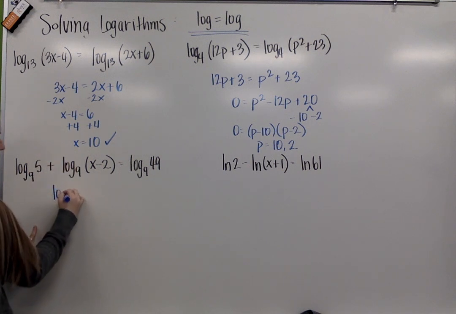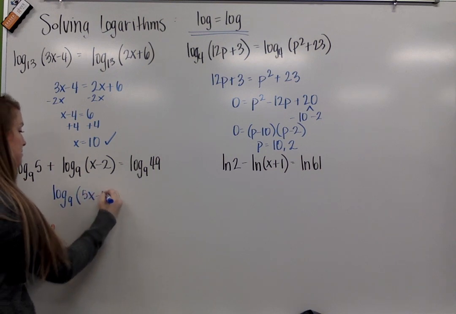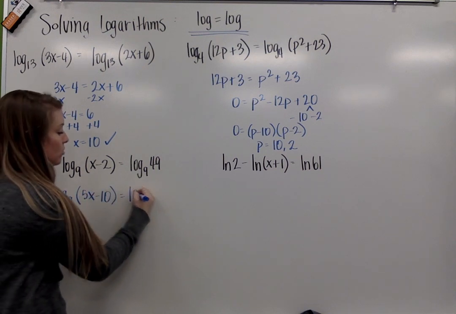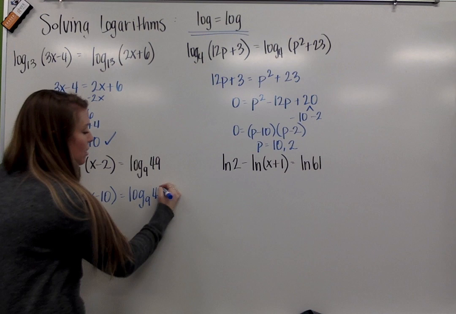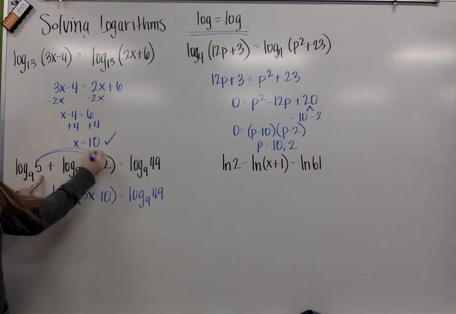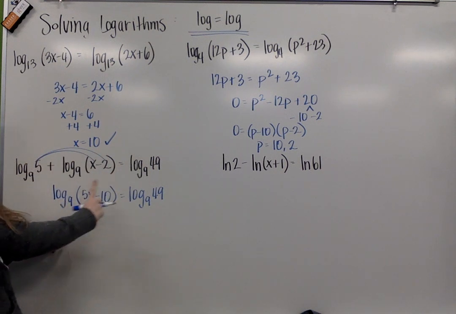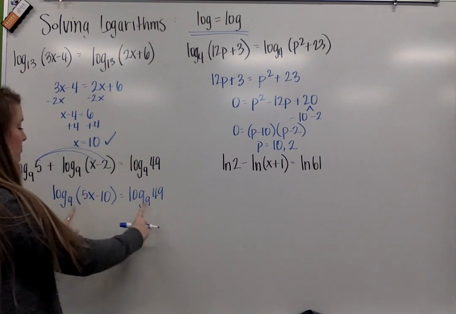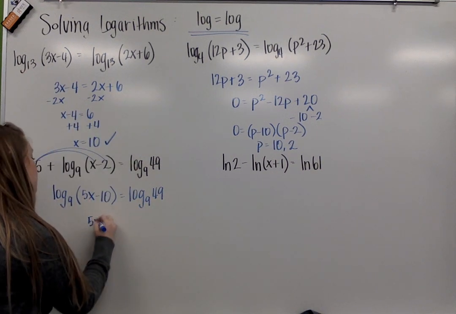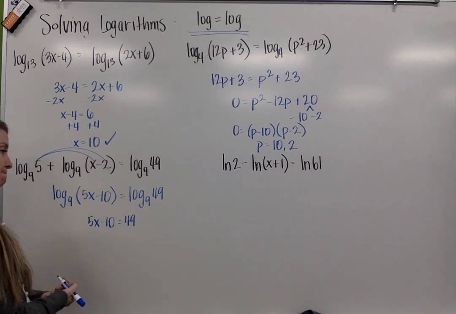So if I condense this, I get log base 9 of 5x minus 10 equals log base 9 of 49. So addition condensed to multiplication, so 5 times x, 5 times negative 2. And now I have a log equaling a log, so I can solve 5x minus 10 equals 49.